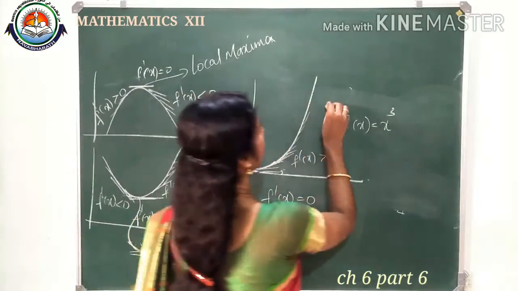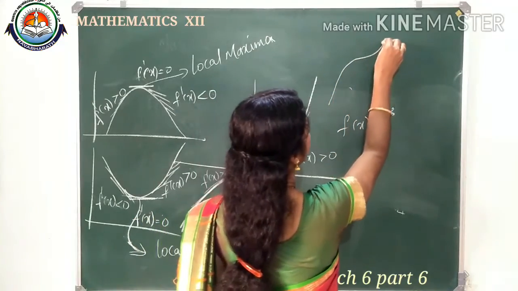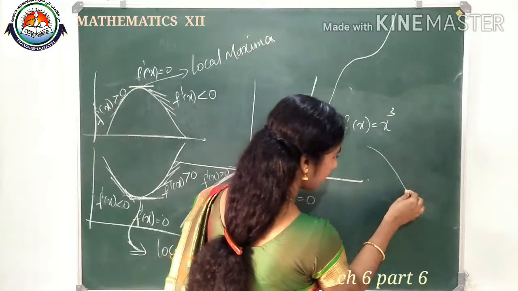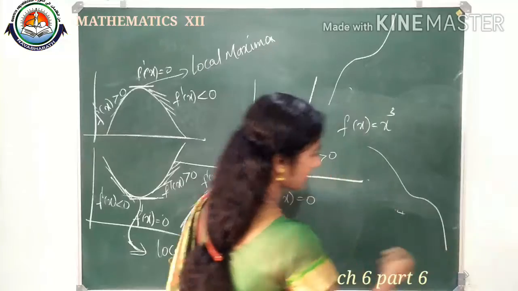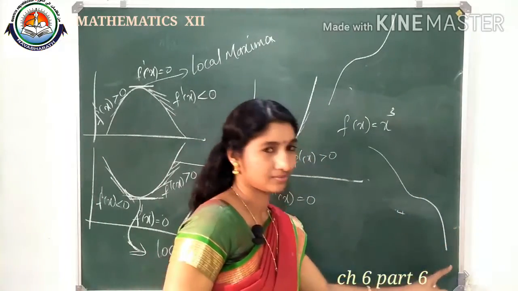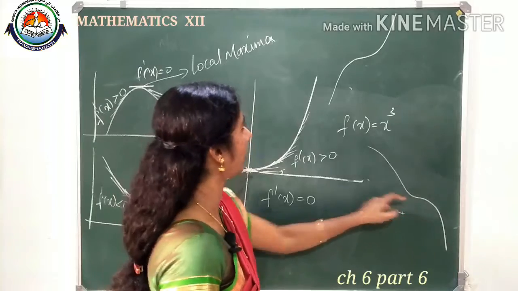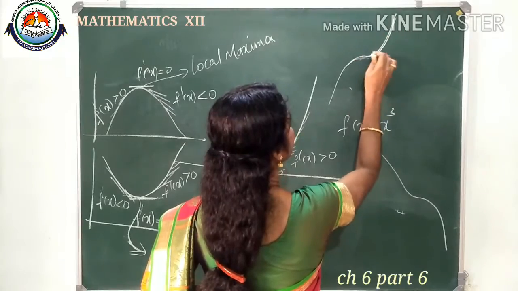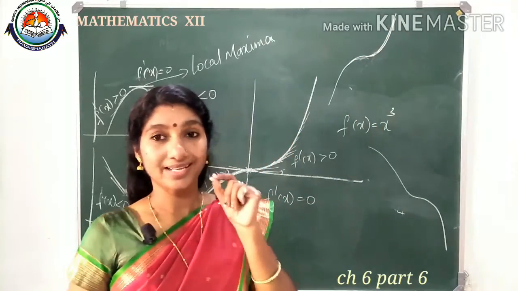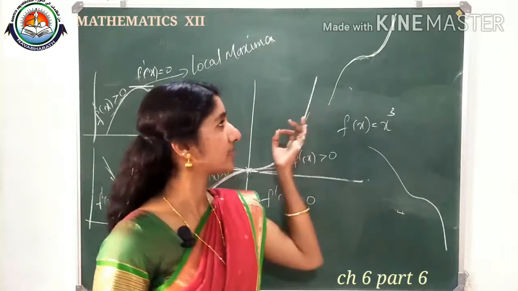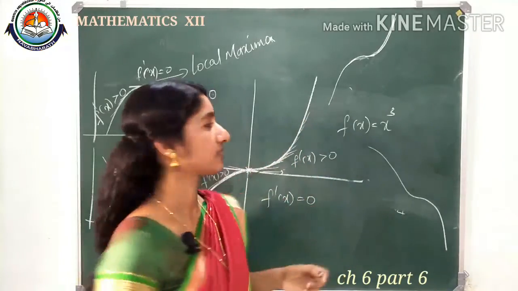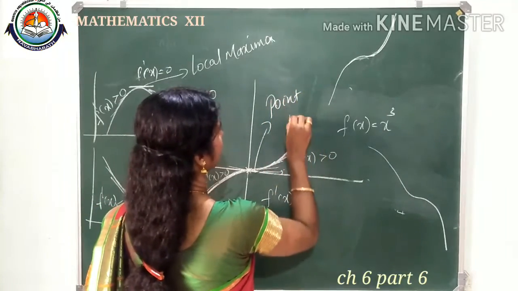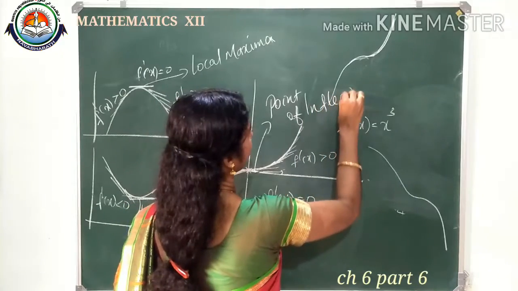Or you can say one curve was coming down, means decreasing, then slope becomes 0, again it shows decreasing. In this situation, we cannot say this point is a maximum point or minimum point, or that it gives a maximum value or minimum value. So those points we will call a point of inflection.